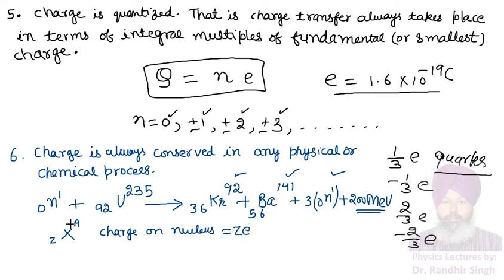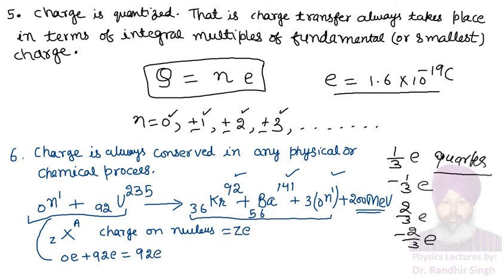So you can see in this nuclear fission process, the initial charge before the fission takes place is actually 0e plus 92e, which is 92e, and the final charge after the fission has taken place can be easily calculated by using this rule: the final charge will be 36e plus 56e plus 3 multiplied by 0e, which will again be 92e.